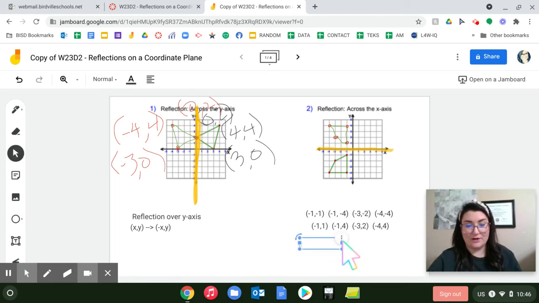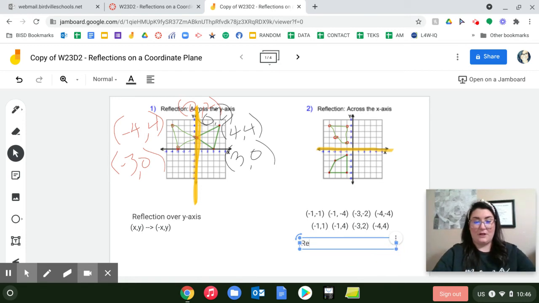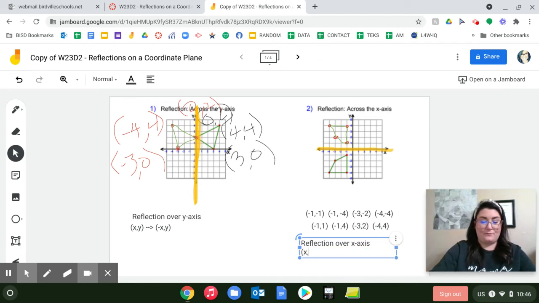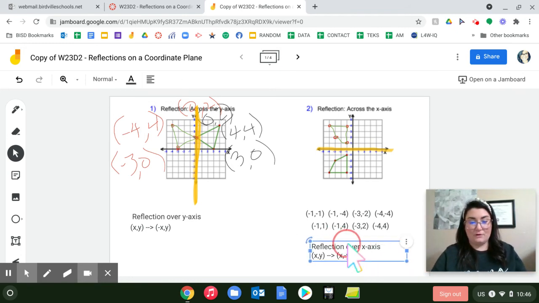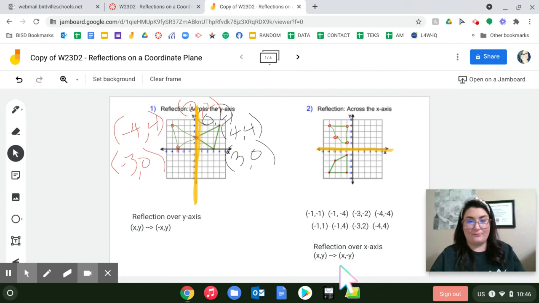So if we were going to create a rule, reflection over x-axis, our original points that are in xy form turn into x stays the same, y becomes opposite value. Okay, so there's a general rule for you.